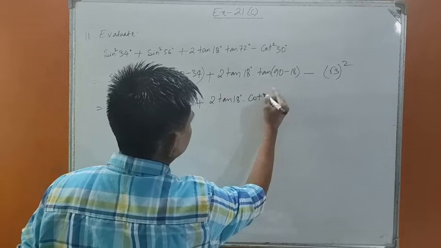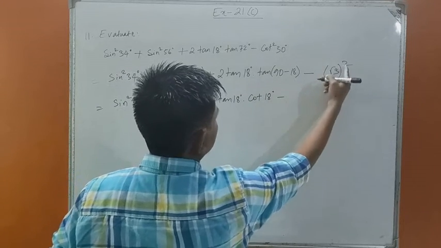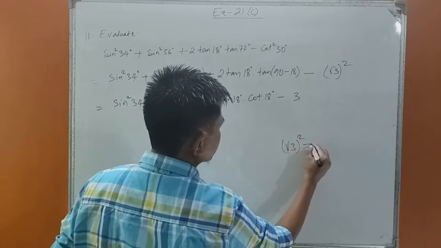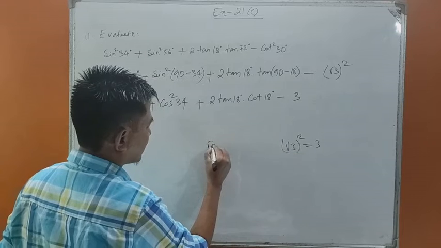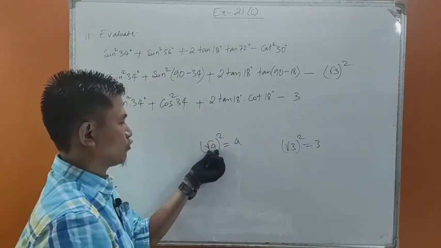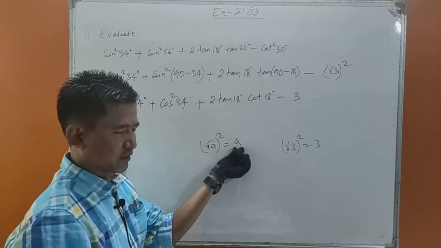So cot theta is 18. Minus root 3 square means 3. Root a square means a. The square of any root number is that number itself.